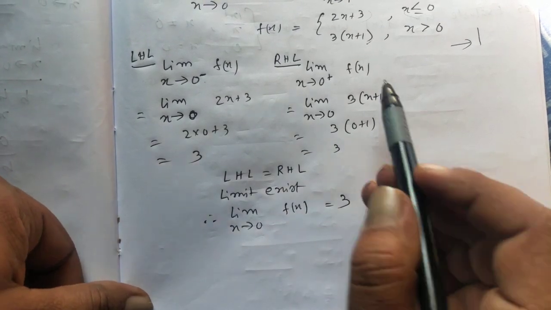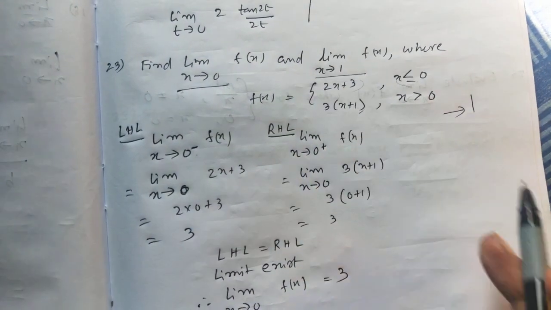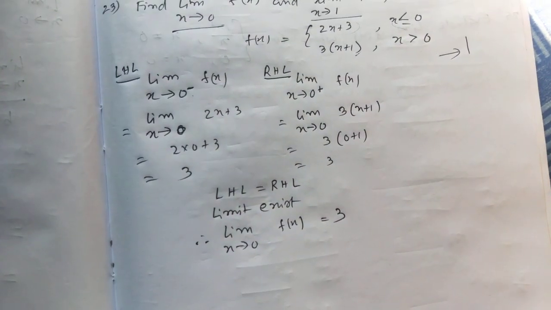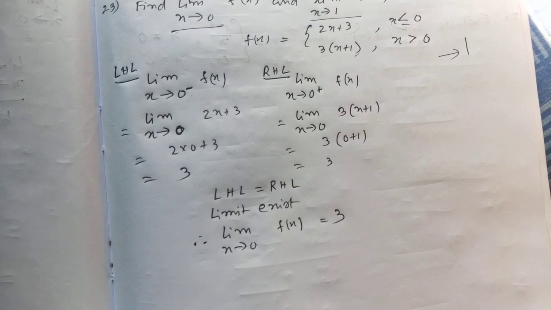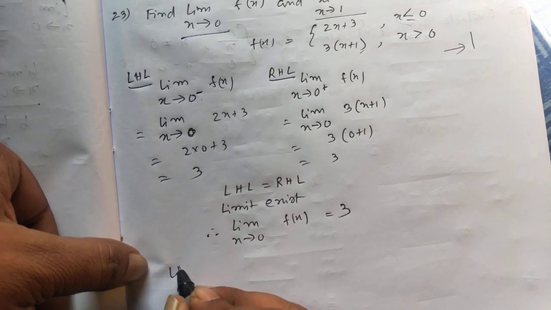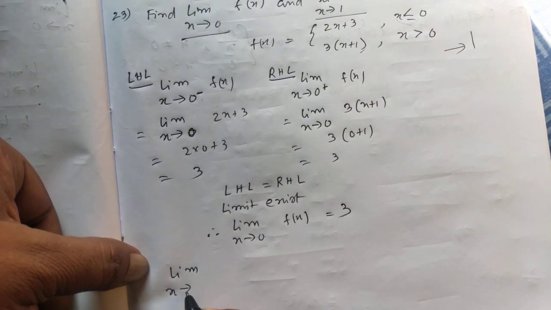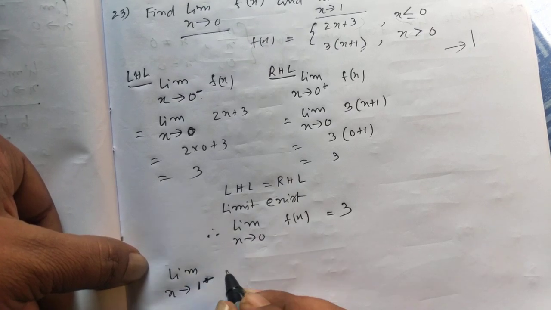We are finding for 0 and we are finding for 1. So limit x tends to 1, left hand limit, negative.